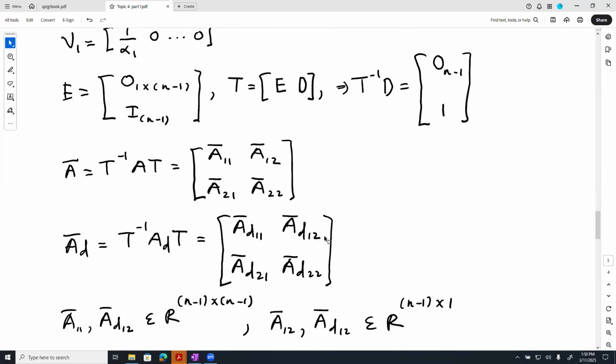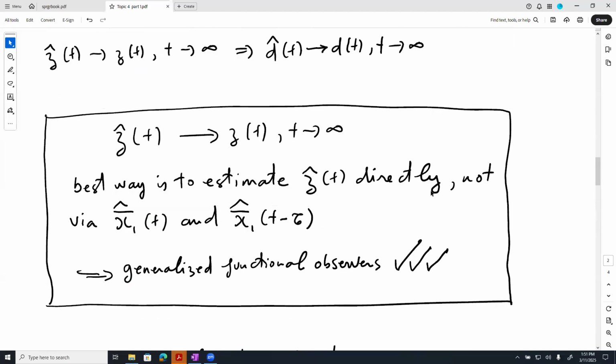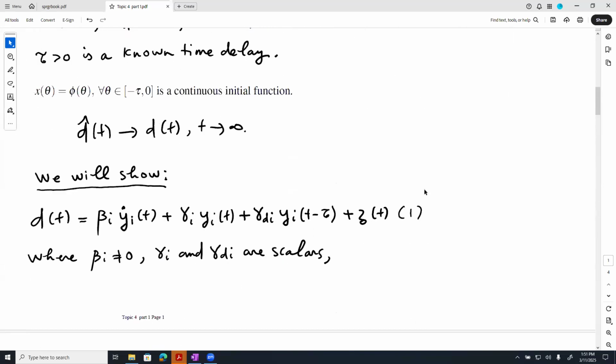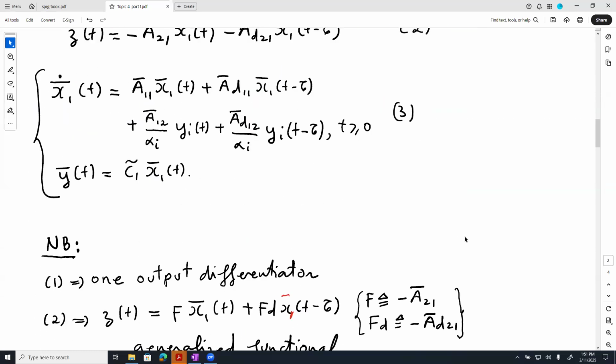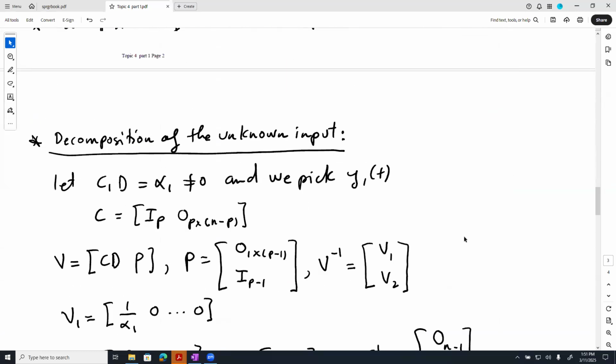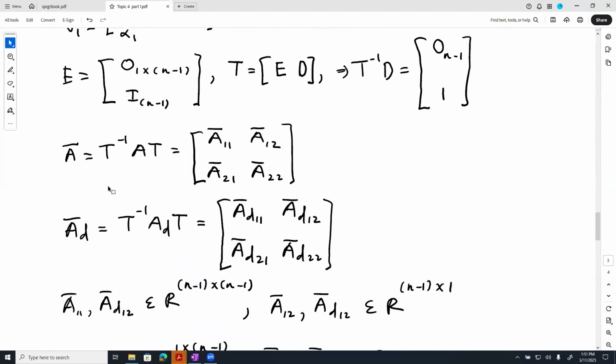So we then define a new matrix A bar, and we partition accordingly. Now we have a new A bar D matrix which came from the delay term in the model of the system. So when we apply the transformation x of t equal to capital T times x bar of t, then we have a new A bar D matrix, and that A bar D matrix is given by this expression.